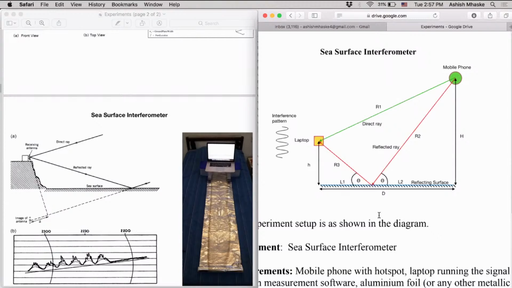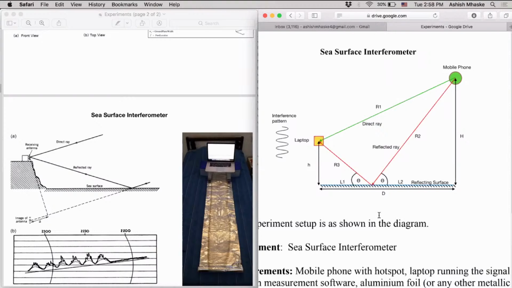If, for example, this receiving antenna had a directivity which could receive only the direct ray and not the reflected ray, you would not be able to see the interference that one saw. This would happen if the reflecting patch was well beyond the transition zone between near field and far field.